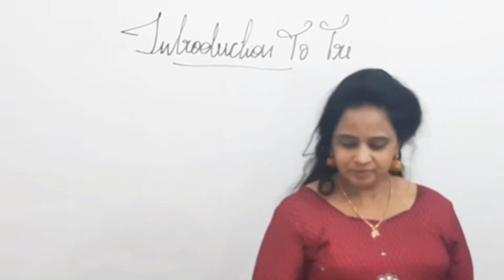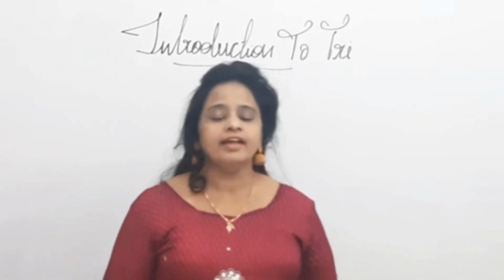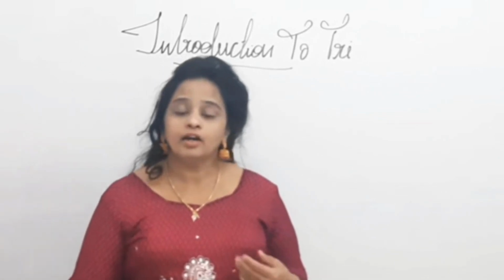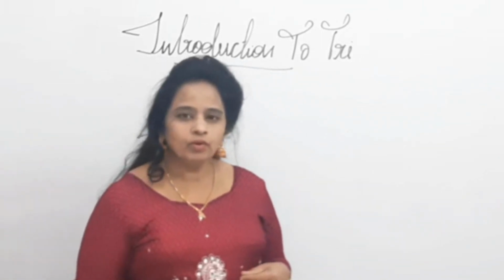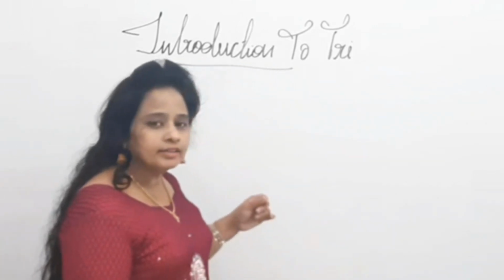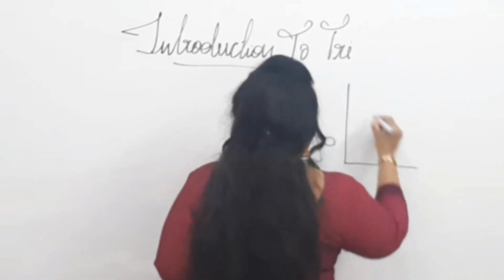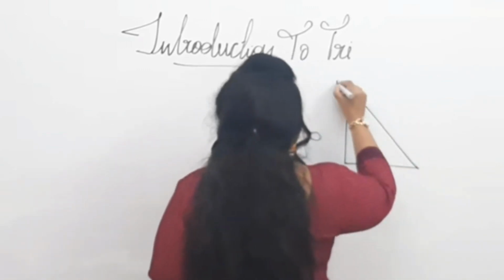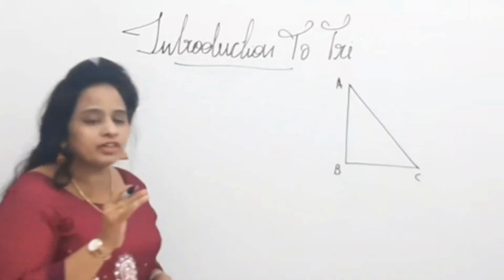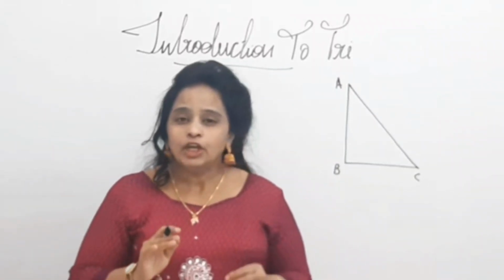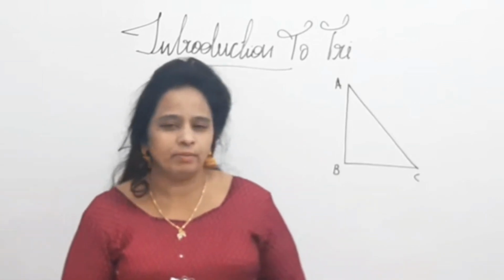Here we go. Children, in this video, first we recollect what we are going to apply in this chapter. So, we'll start with the triangle ABC. As we have studied, the triangle ABC must be a right triangle whenever you think this question is from the chapter Trigonometry.